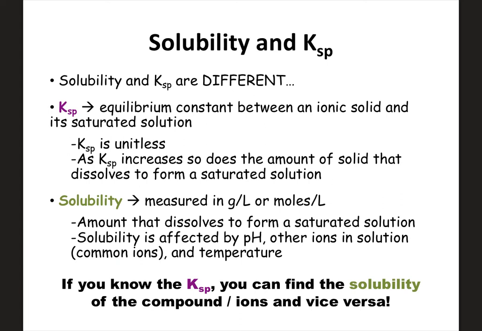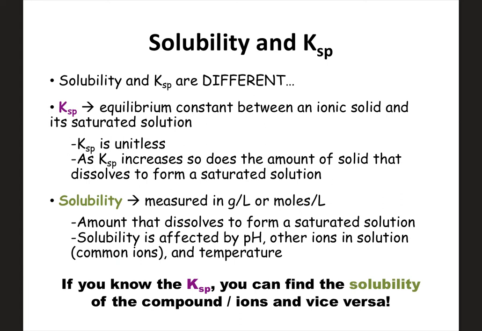Higher Ksp means more solid is going to dissolve. Solubility, on the other hand, is an actual measurement in grams per liter or moles per liter. It's literally measuring the amount that dissolves to form a saturated solution. So Ksp is this unitless equilibrium constant that gives you information about how readily a solid dissolves, but solubility is giving you an actual amount that dissolves.